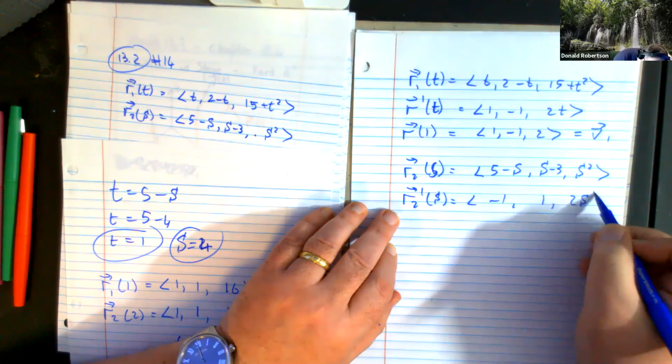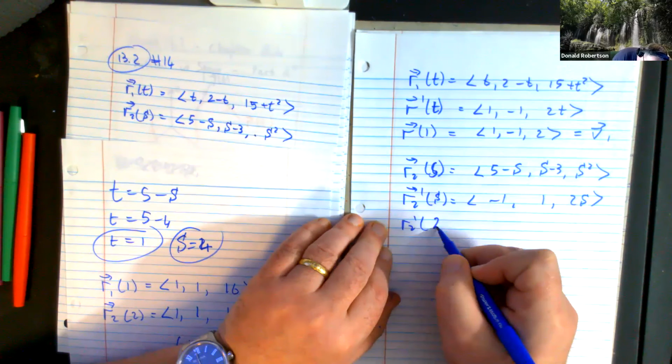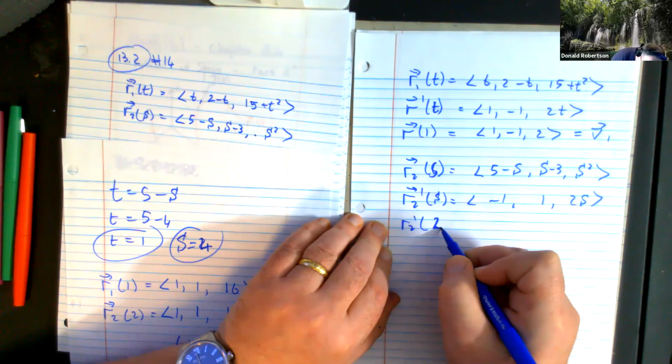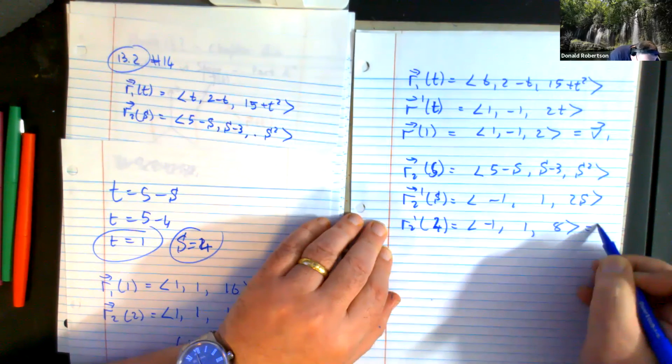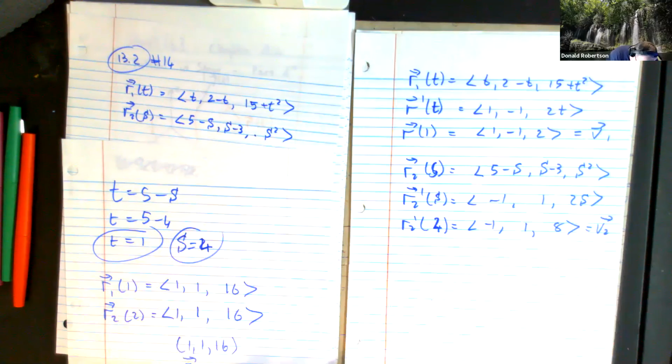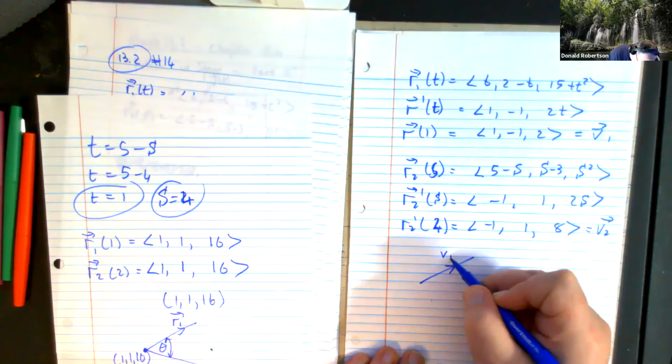And I will find out what he is like when s is 4, which is negative 1, 1, and 8. And I'm going to call this guy v2. So can you imagine that this line here has direction v1, and this line here has direction v2?